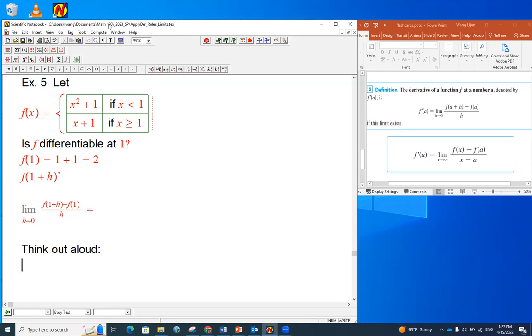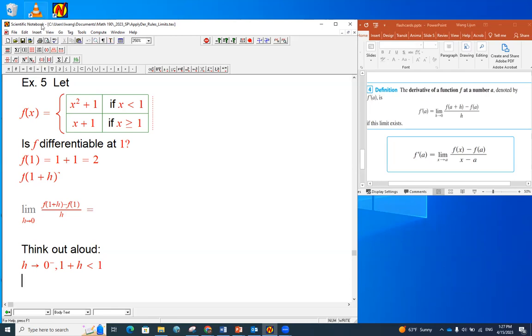If h is approaching 0 from below, then 1 plus h is going to be less than 1.